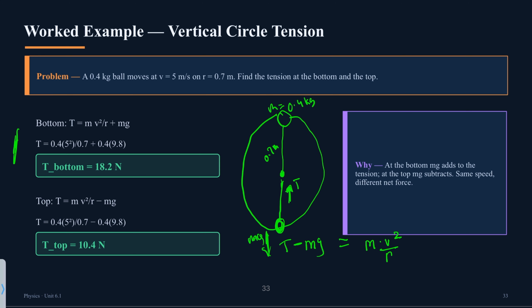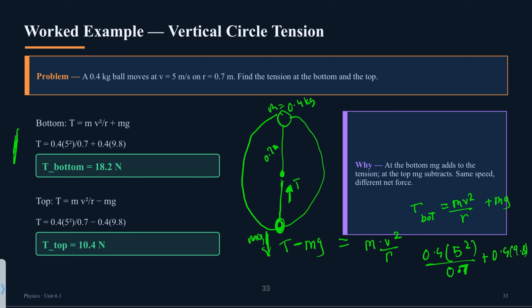So what I just did here was find tension. Let me label this as tension bottom, because the tensions are different in each scenario. Tension bottom is equal to mv squared over r plus mg. So you can substitute in here: 0.4 times 5 squared over 0.7 plus mg, 0.4 times 9.8.